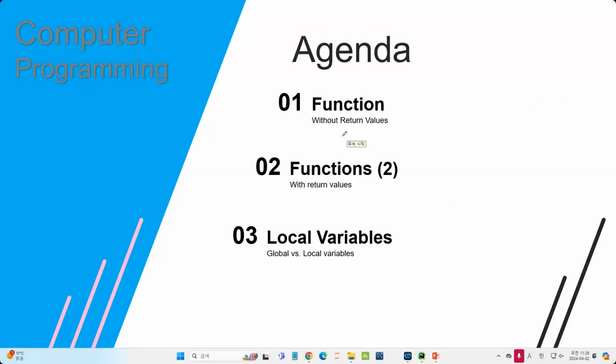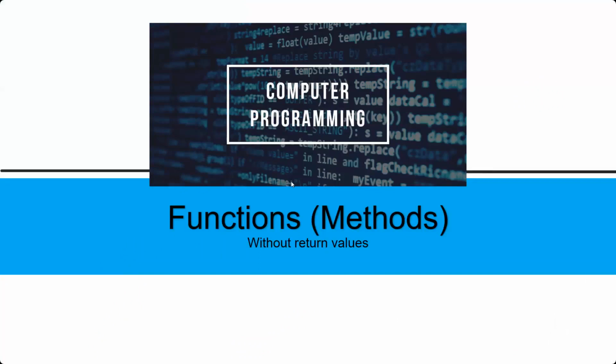The first is functions without return values, and the next is functions with return values. And then we will learn the difference between global and local variables. Function, or sometimes we call it method. For the first part, we will learn functions without return values.